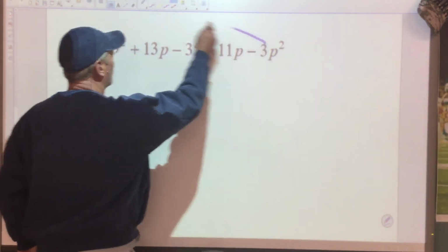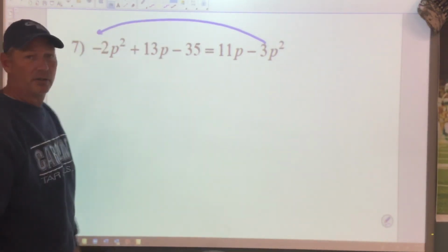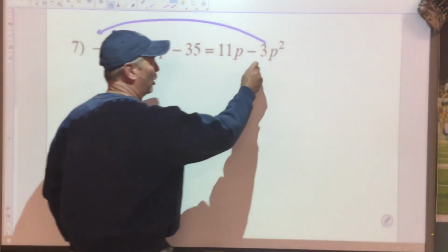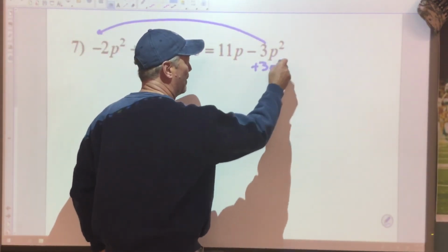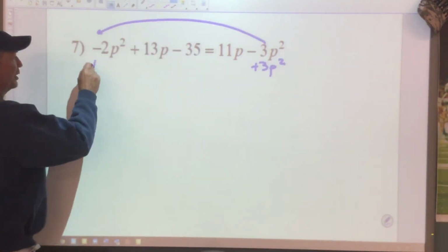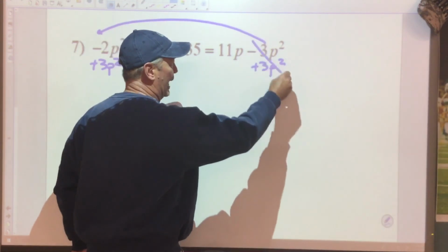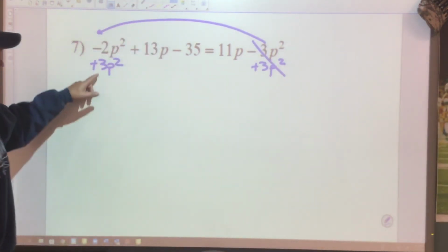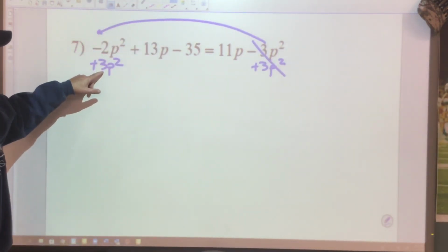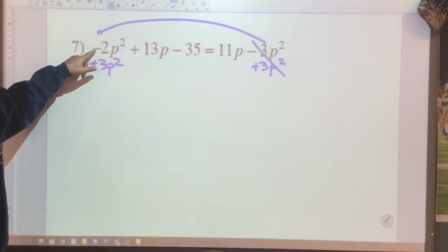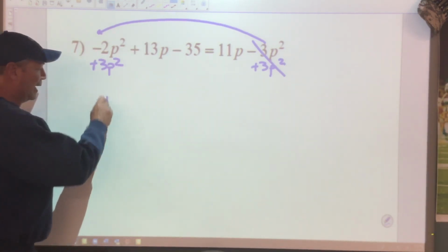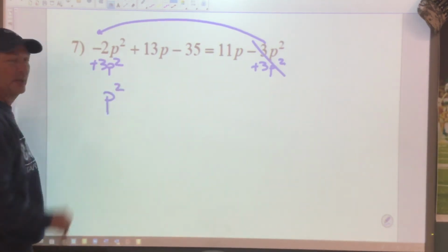I'm going to move this way over here. I'm going to go plus 3p squared, plus 3p squared. This will cancel. But look what happens here. 3p squared minus 2p squared gives me a positive 1p squared.